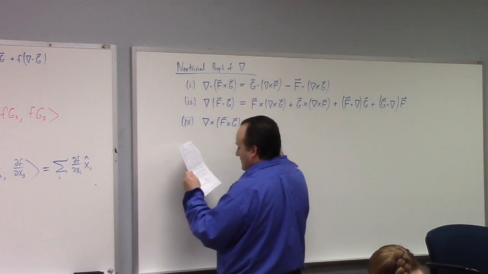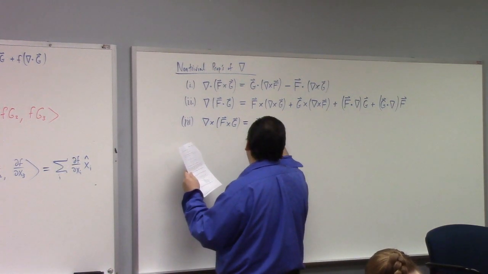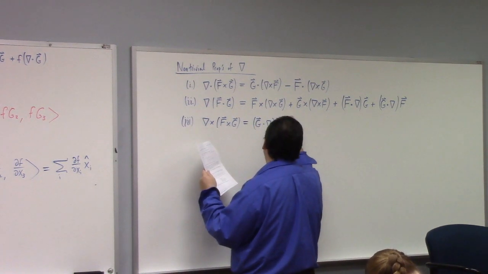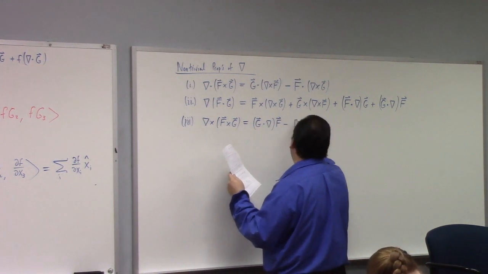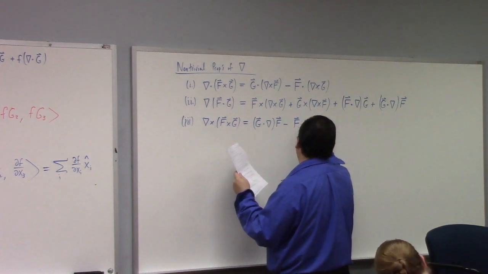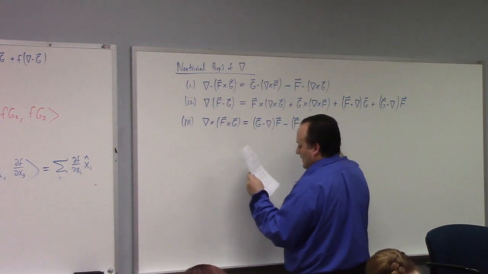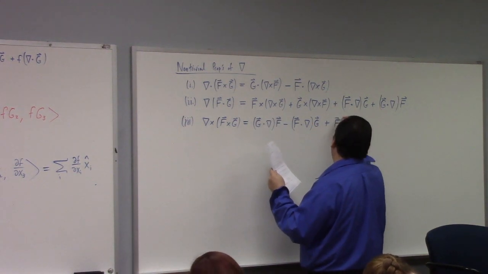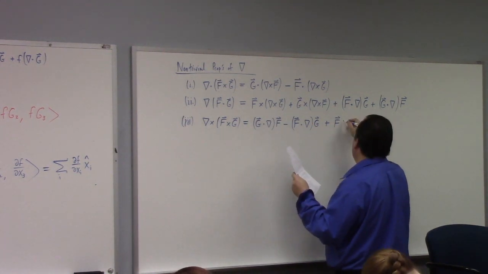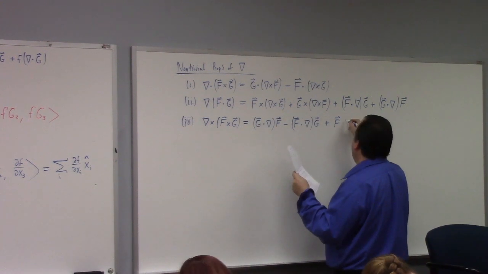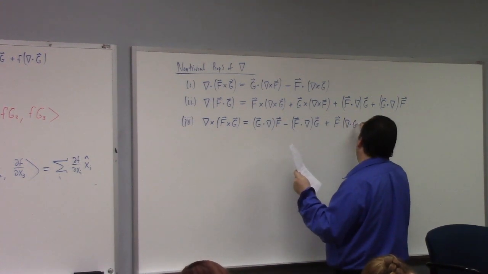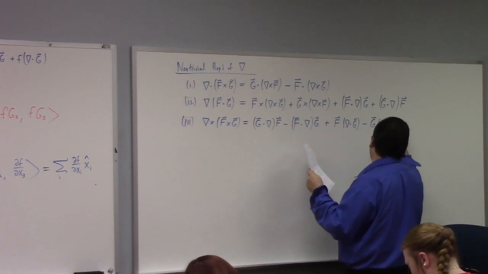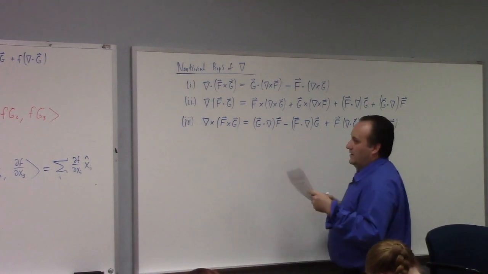So this is g dot del acting on f minus f dot del acting on g plus f multiplying the divergence of g minus g multiplying the divergence of f.